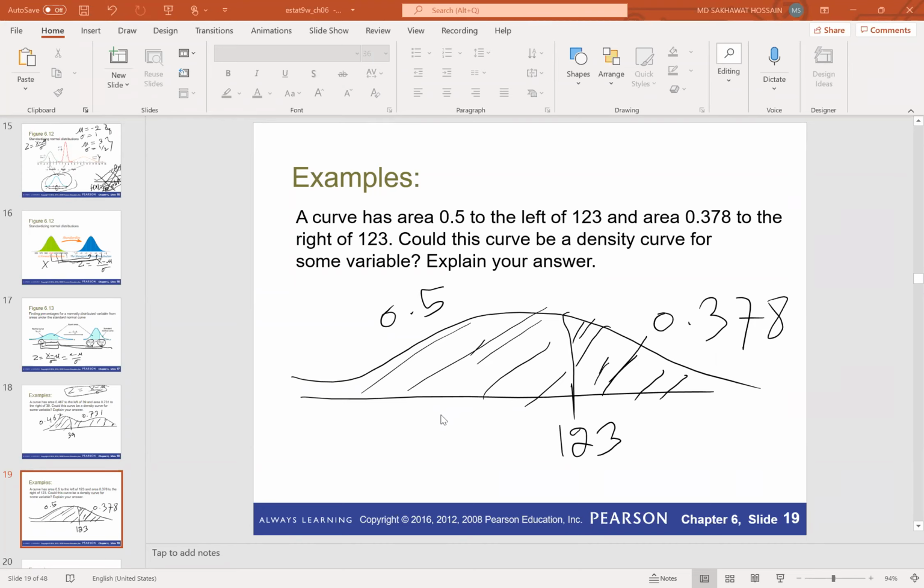But we know that the total area under the density curve is 1. So this is not a density curve, because the total area is less than 1, so it cannot be a density curve.